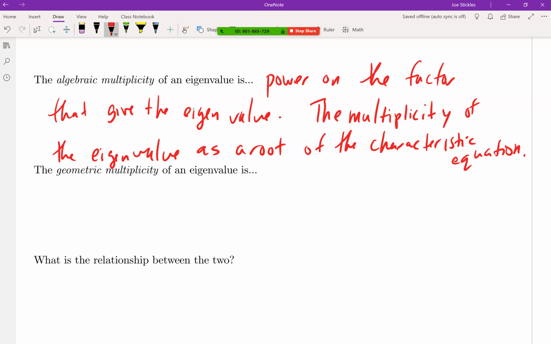Geometric multiplicity is the new one, and that's just the dimension of the eigenspace associated with the eigenvalue.